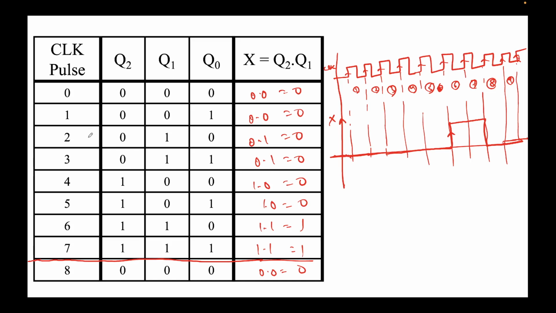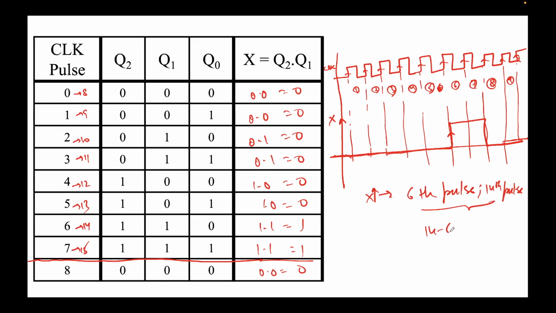When will it rise again? So this is 8th, 9, 10, 11, 12, 13, 14. So x will rise on the 6th pulse, and then the 14th pulse, right? You can see this is corresponding to 8, 9, 10. This is sequential, right? These things will repeat themselves. 13, 14, 15. It will again rise on the 6th and 14th.